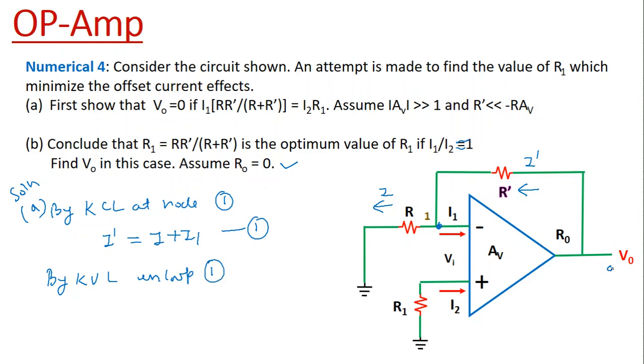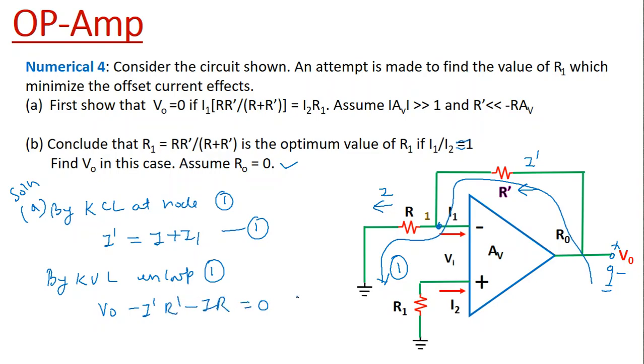This is the output voltage, the polarity is plus minus, starting from this ground point to this ground point. This is loop number 1. So we get VO minus I dash into R dash minus IR is equal to 0.